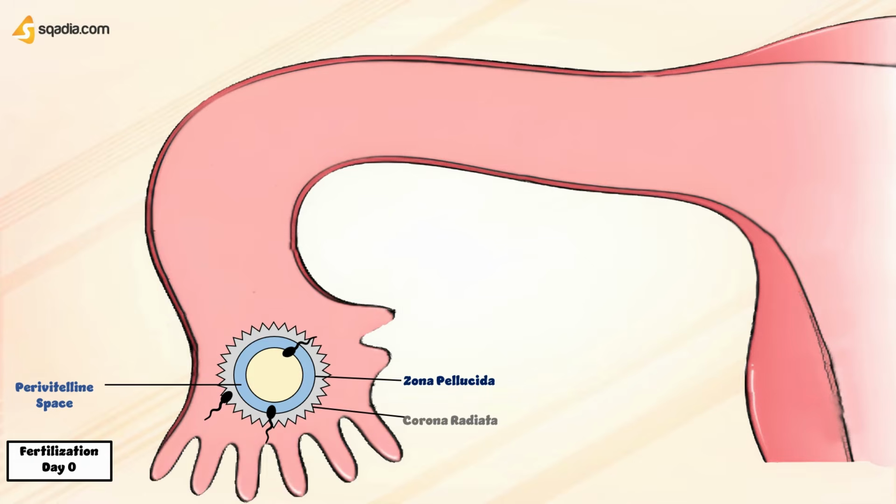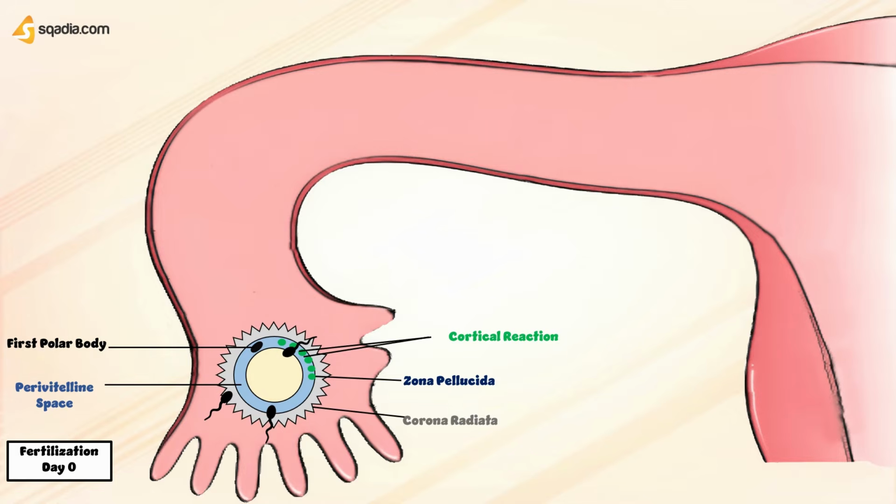Now again, continuing the process of development. The mammalian primary oocyte emits the first polar body before ovulation. The sperm head is then engulfed by the oocyte, and entry of more sperm is prevented by a rapid cortical reaction in zona pellucida.